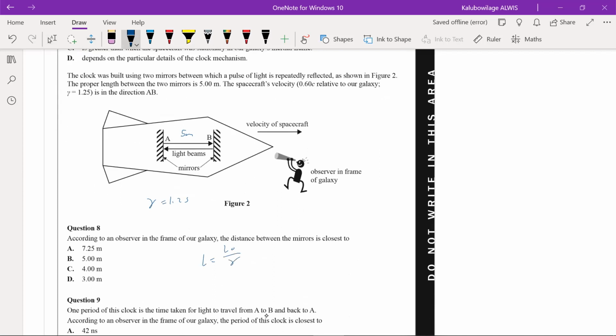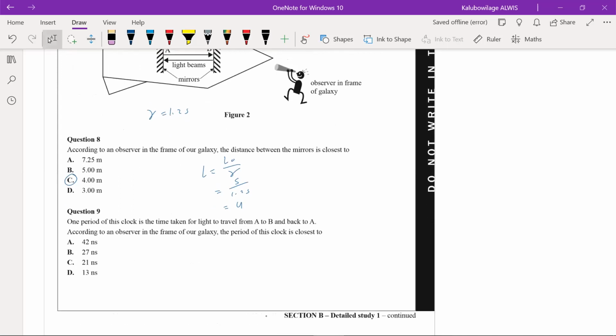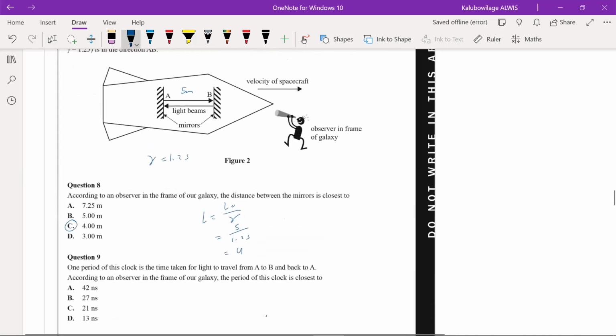L equals 5 over 5, which is 4. From A to B and back to A. Another clock.